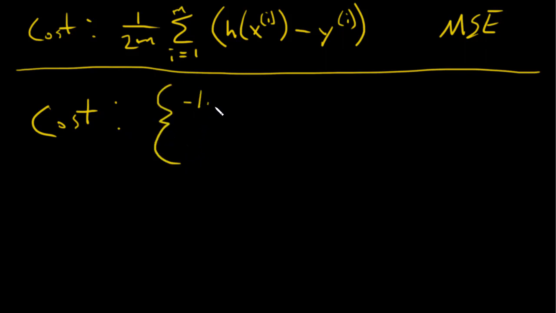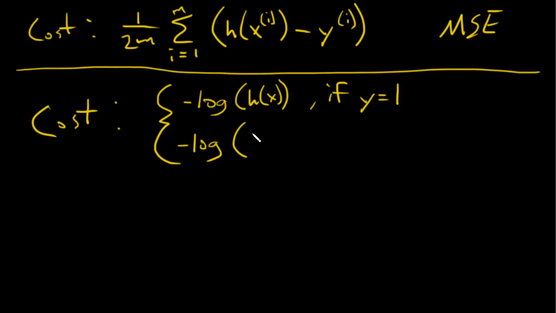It's going to be negative log of h of x if y equals 1, and negative log of 1 minus h of x if y equals 0. Okay, that looks like it fell straight out of the sky. There's no real reason for it to be that way. So what we're going to do is break it down one case at a time.